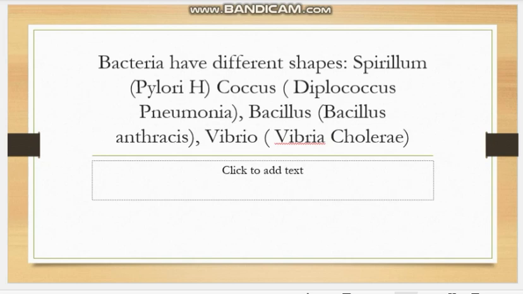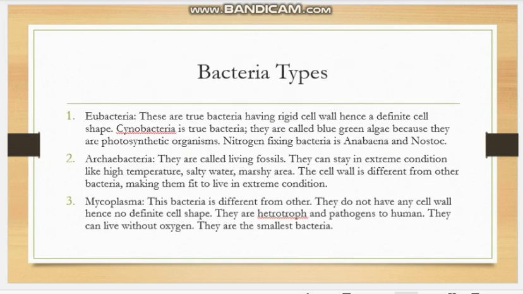And lastly, we will discuss the types of bacteria. It's a very important part of this topic. Bacteria come under the first category, that is Monera. The three main types of bacteria we are associated with are Eubacteria, Archaebacteria, and Mycoplasma.